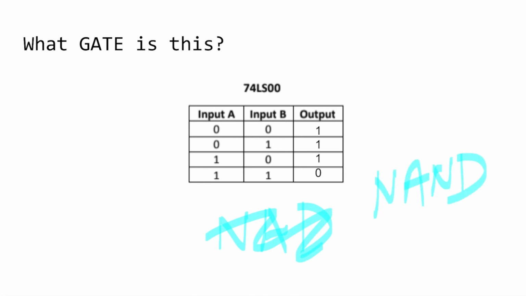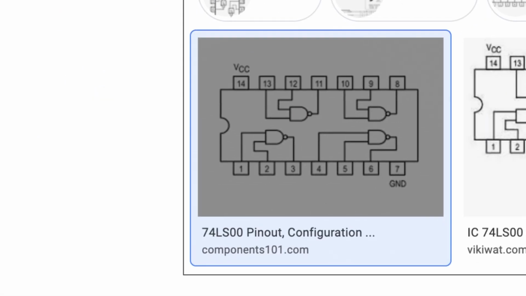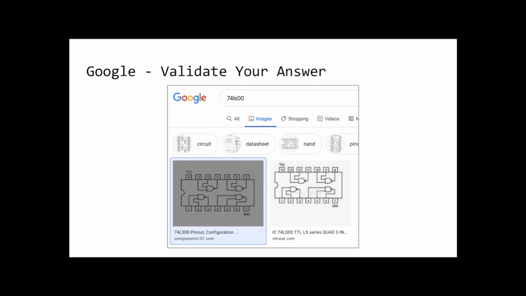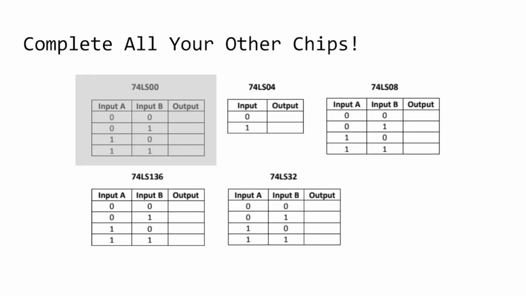Okay, so it is the inversion of the AND gate, and to validate your answers, you could Google the name of the chip, and then you could see that the gates shown here are NAND gates. Alright, so it's a pretty straightforward and simple experiment. You should now be able to complete the other chips as well.